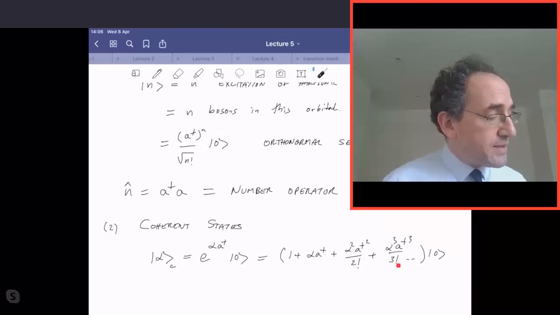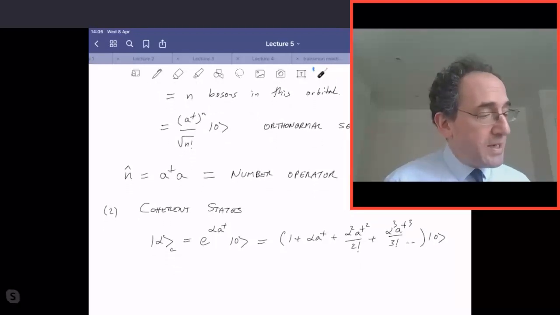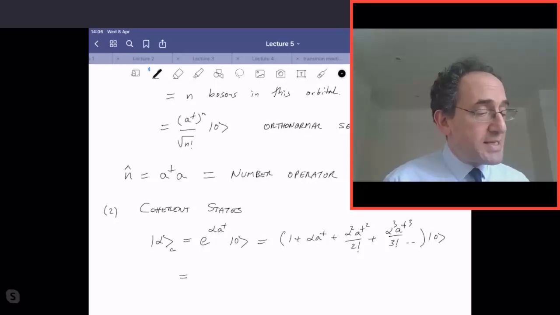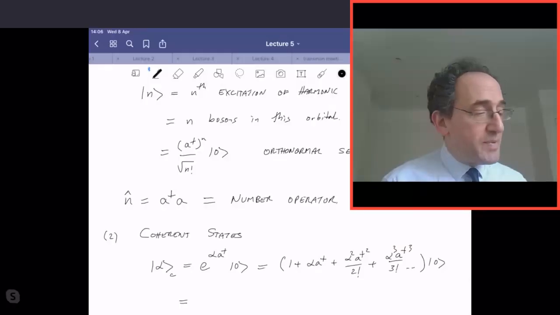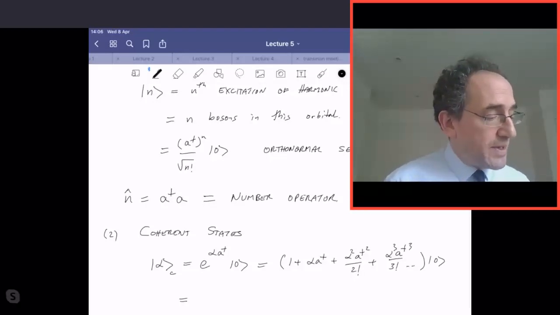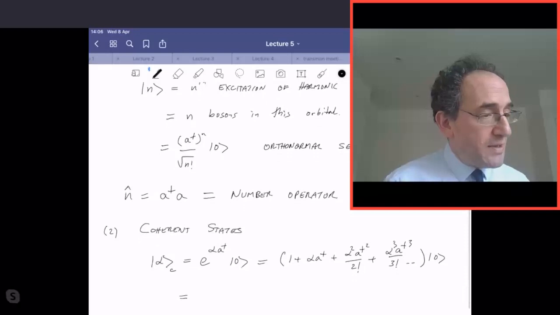Now we can let these terms act on the vacuum, and then rewrite the result that we get out in terms of the kets n, these kets n up here. Okay, the first term 1 gives us just the 0 ket.